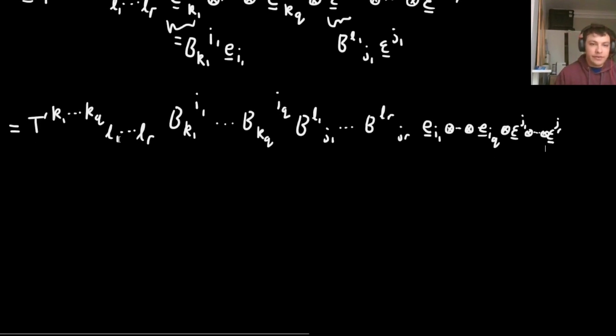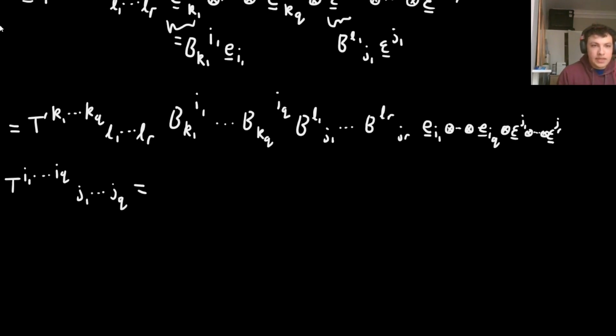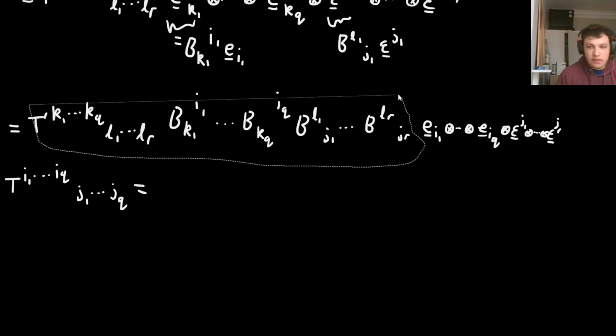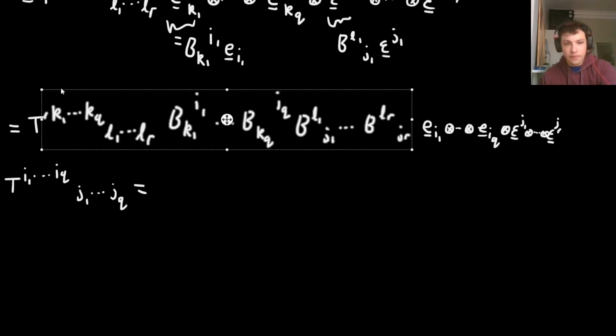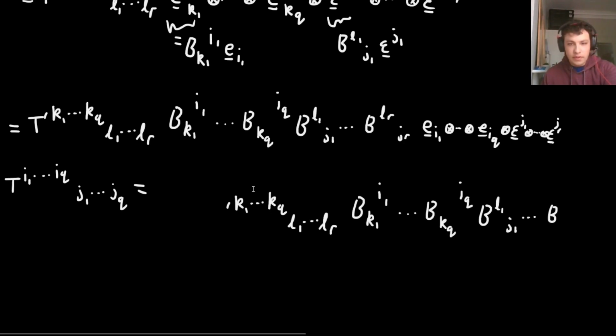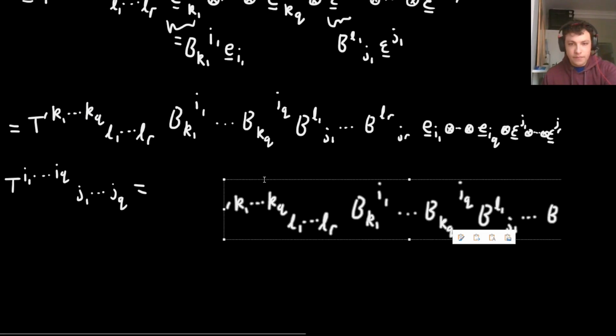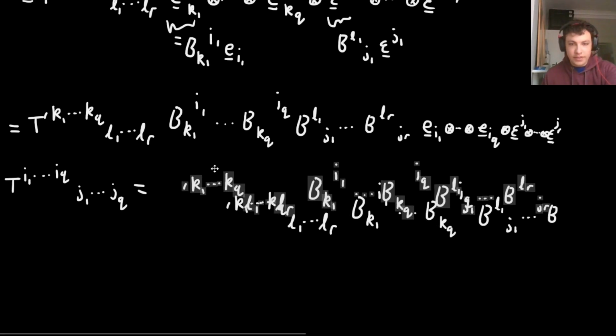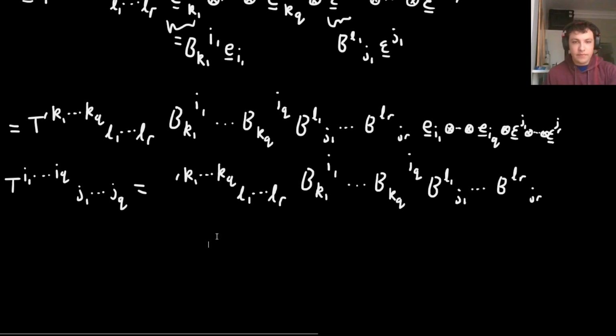So we know that T^{I1...IQ}_{J1...JR} is equal to, let's just copy and paste this whole thing. It's still quicker than writing it. And let's rewrite in the T.